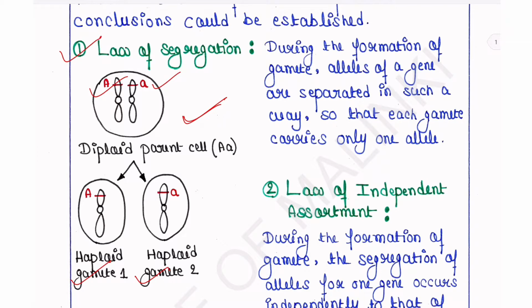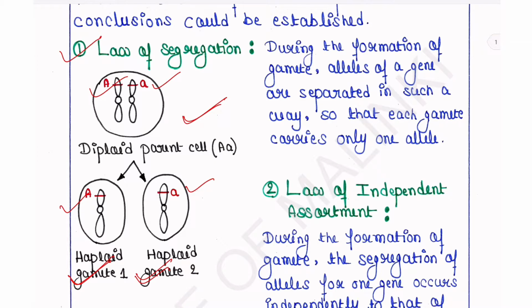So here, each chromosome appears once in each gamete. Now, gamete 1 has the capital A allele, and gamete 2 has the small a allele. That means each gamete carries only one allele.